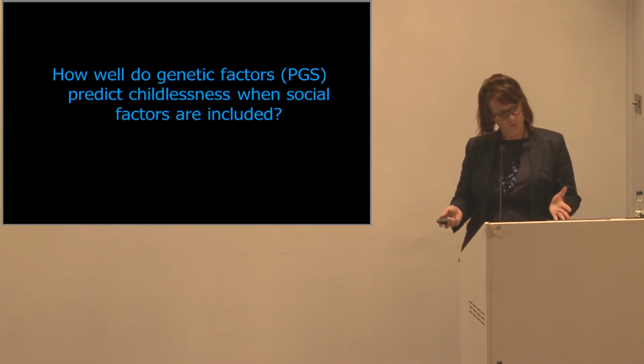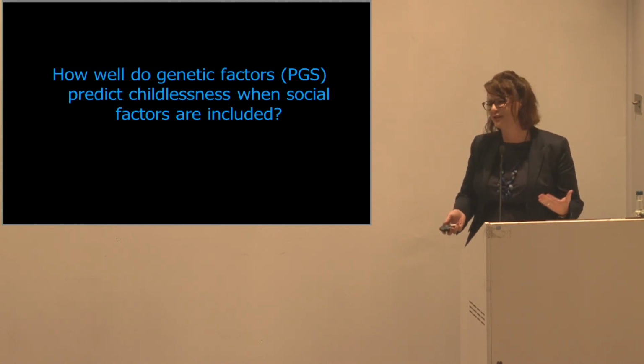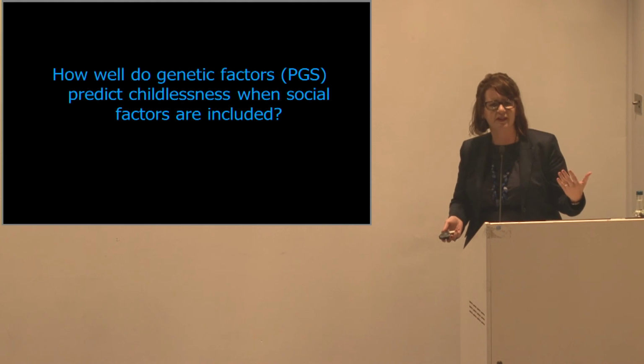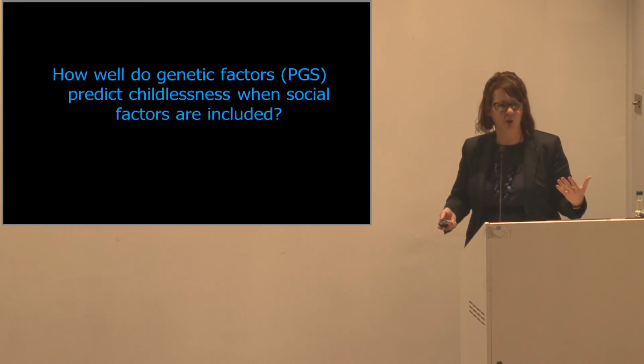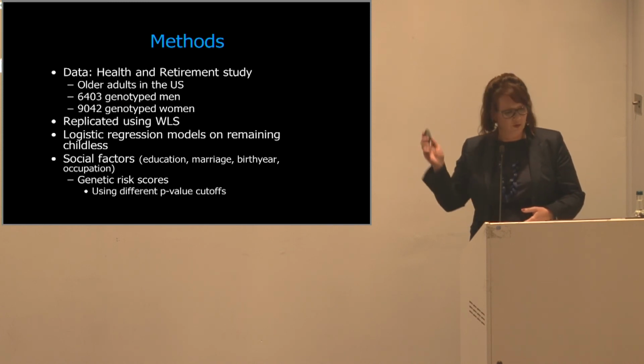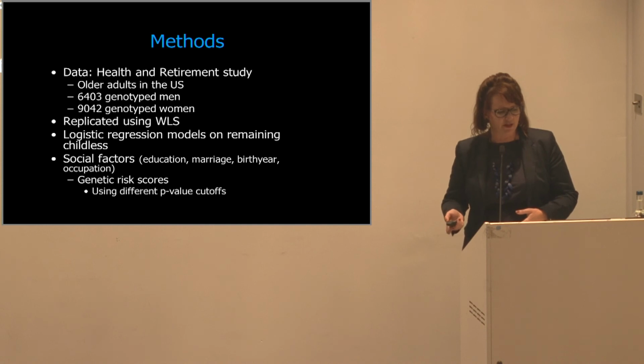So when we have these factors, I was saying they predict maybe 1% or 2% of the genetic variation. But what about when you include other social factors and look at it in a multivariate model? We've looked at this in the Health and Retirement Study and the Wisconsin Longitudinal Study. These are American studies where you can easily get access to the data, around 10,000 cases each.